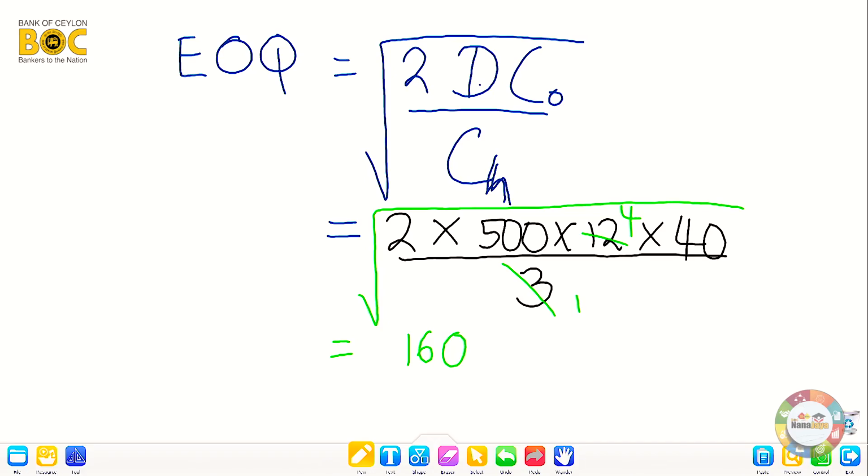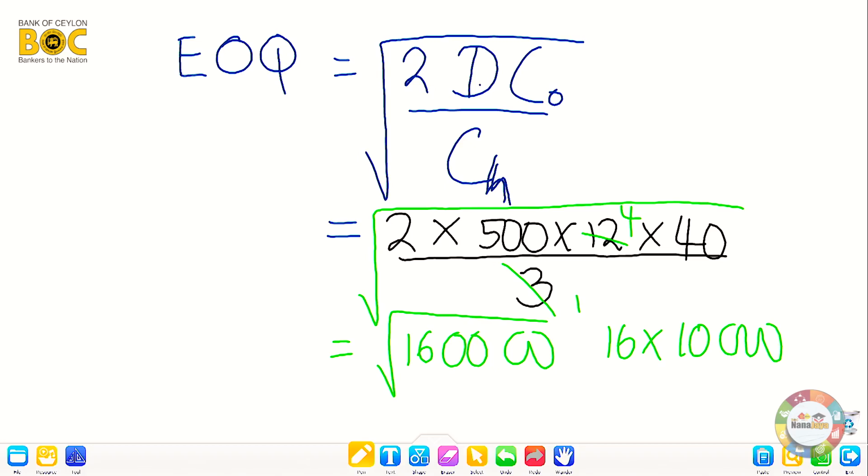Square root of 160,000. You can write this as 16 into 10,000. Cut these 2 zeros, take these 2 zeros down, and the square root of 16 is 4.